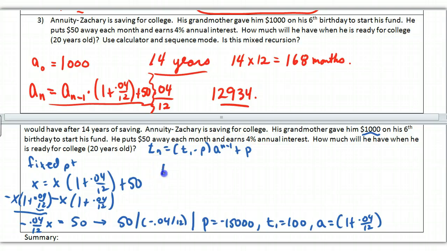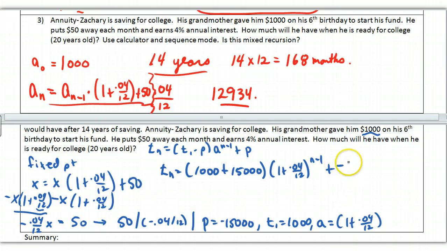So if I plug this in, t sub n is equal to t1, which is 1,000, minus p, which means plus 15,000. And then I'm going to do a1, which is this value here. And then I'm going to take that to the n minus 1 and then put plus p.